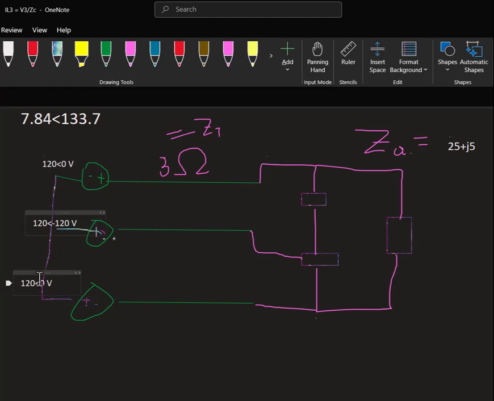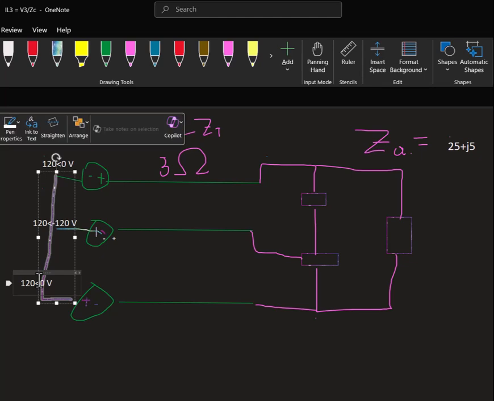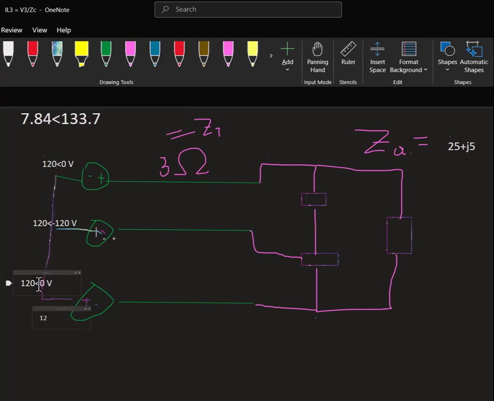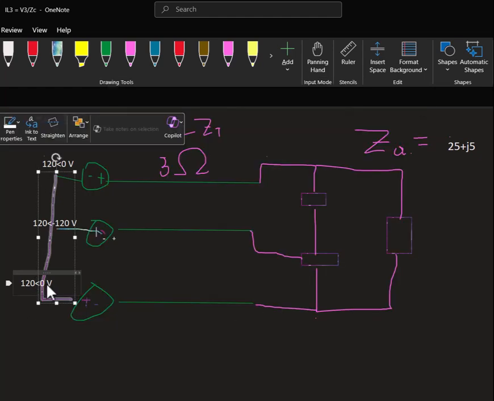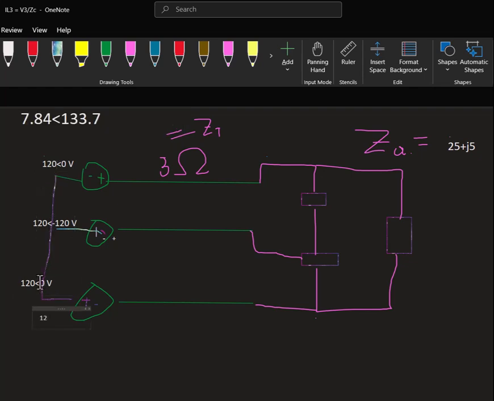But that's not the part that makes it a little bit harder. The one we just did was Y load, Y source. Those are nice because they're already set up so you can do them as individual phases.